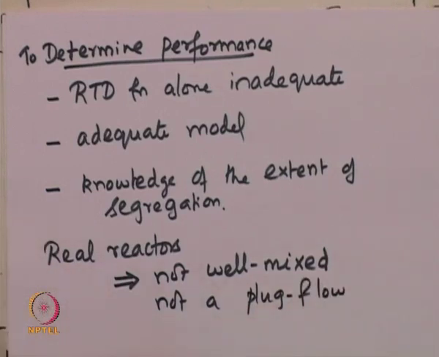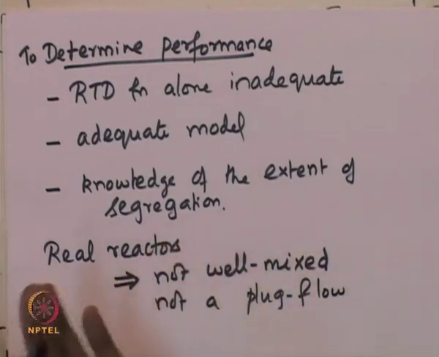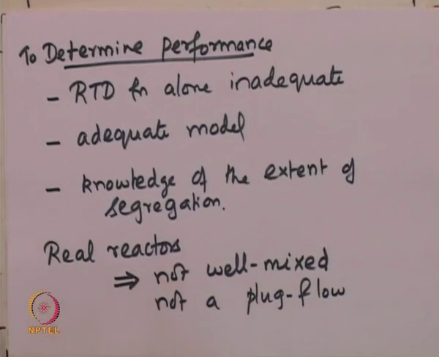So far we have seen in the first course of reaction engineering and also in this second course, the CSTR models and what happens if there is a different order reaction in a CSTR or in a plug flow reactor, but unfortunately it turns out that real reactors are not well mixed and do not behave like a plug flow. So, one needs to come up with a different approach to model the non-ideal reactor in order to estimate the performance of such real world reactors.